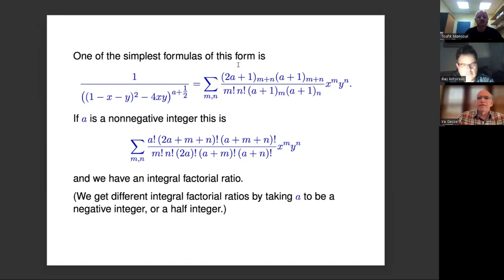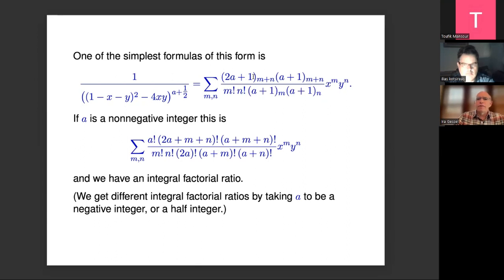So that says that if you look at the quotient of these rising factorials, all of the factors in the denominator that involve A are going to cancel with factors in the numerator. So for example, you've got an a plus 1 here, and then you'll have an a plus 3, and those will cancel with some of the a plus 1s down here.